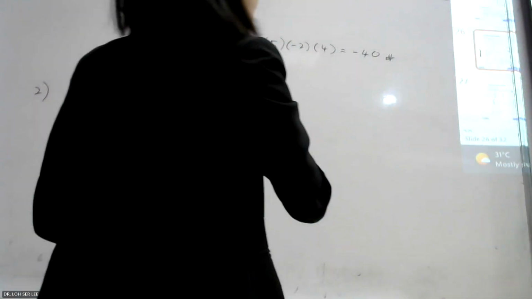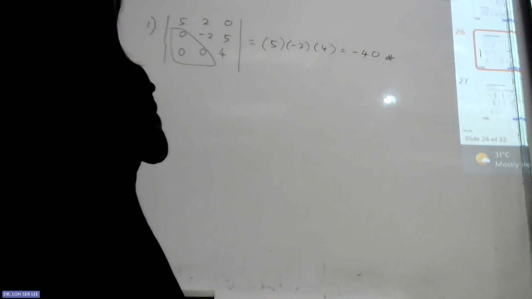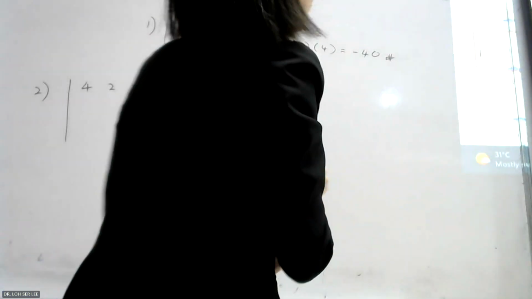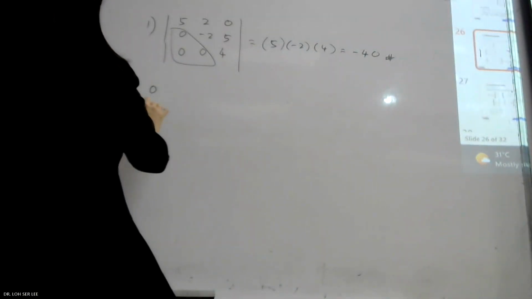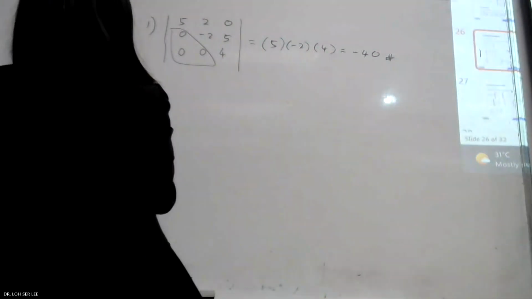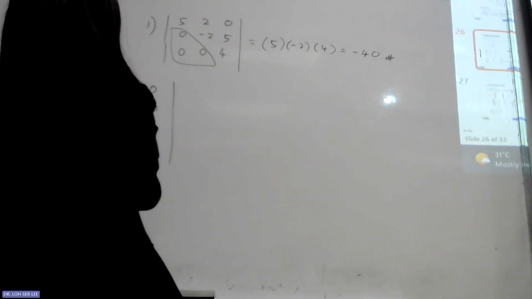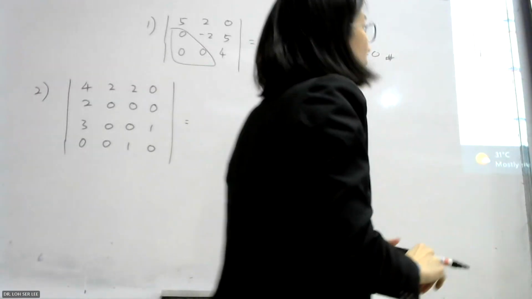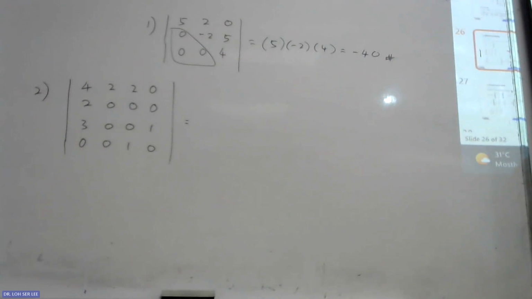Okay, number 2. Which method will you choose? This is the 4 by 4 matrix.